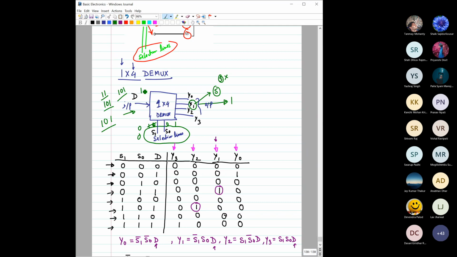If you have changed the data line from 1 to 0, then that should also reflect at the output. And now you have selected the output Y1, so whatever the data is should be transferred to Y1. If Y1 previously was 1, now it should become 0.